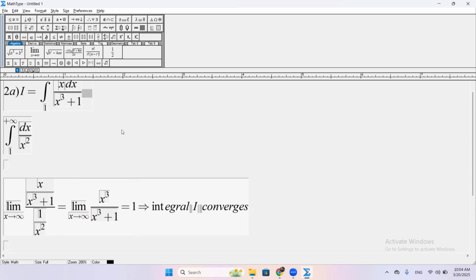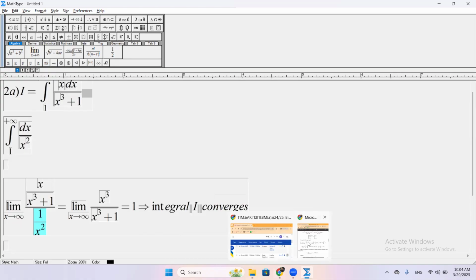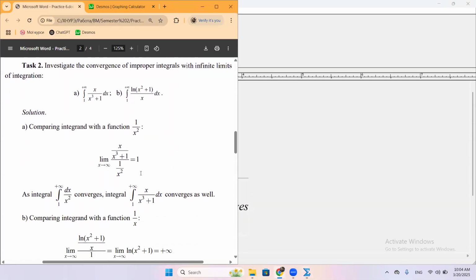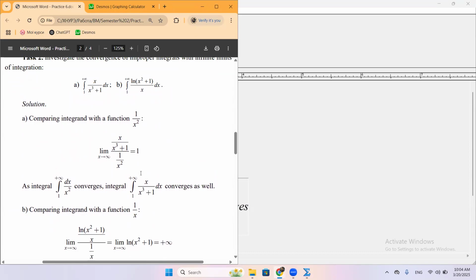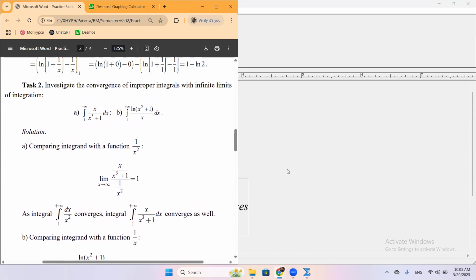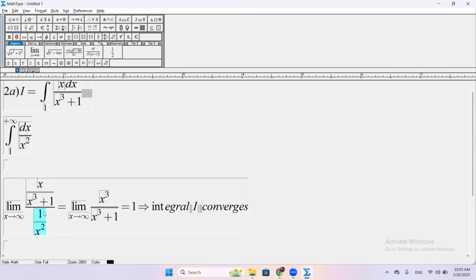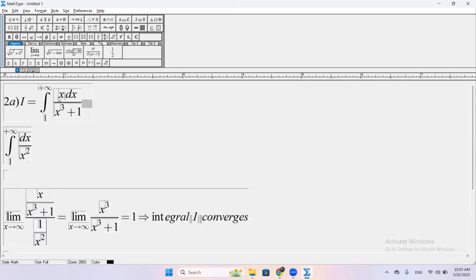So if I compare, for example, with 1 over x, it is comparing with the integral that is similar to this integrand. So we divide just to compare with the function that is similar to this integrand.